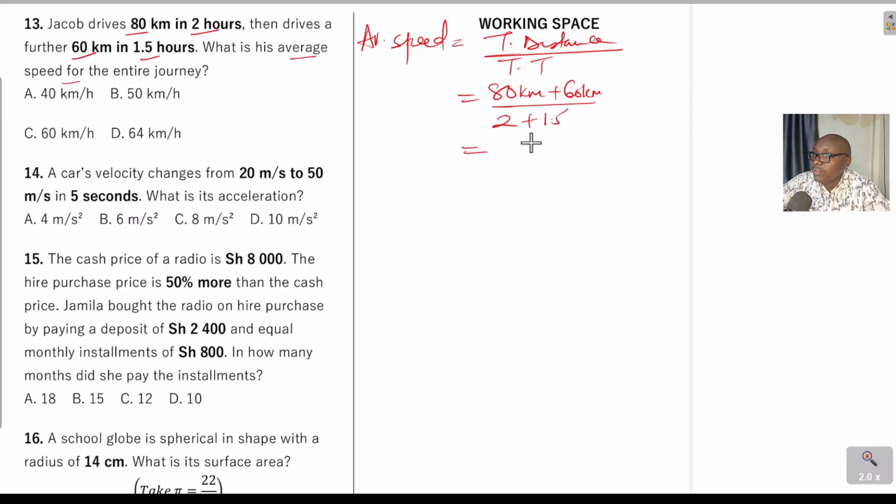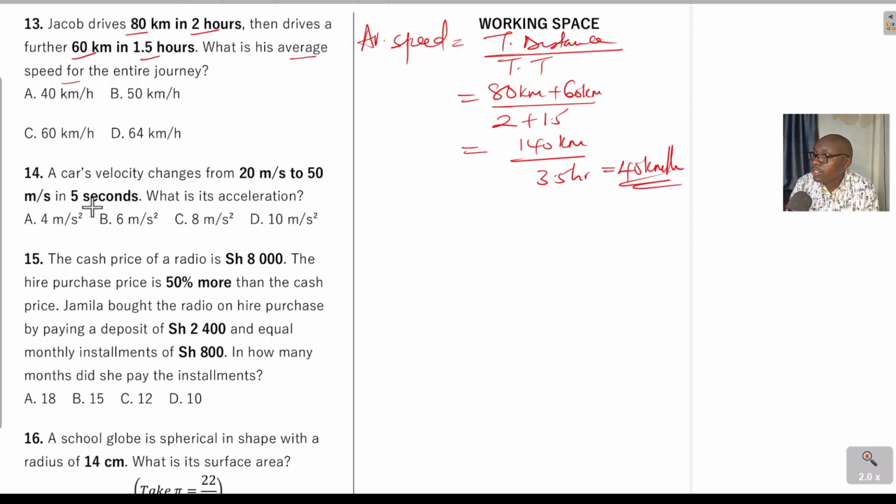This will give 140 kilometers and 3.5 hours. So you just need to divide these. When you divide using a calculator, 140 divided by 3.5, that gives 40. So you get the speed as 40 kilometers per hour.